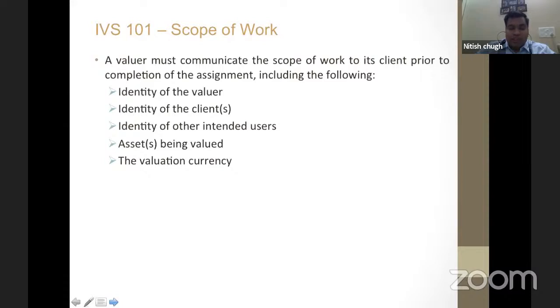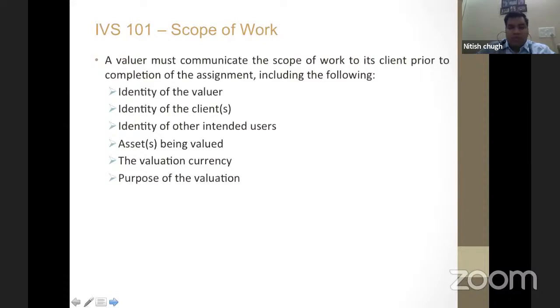Suppose you have a subsidiary in the US, so cash flows have to be in dollars, euros or pounds. It cannot be in INR. There is a possibility. We have a separate lecture on that as well. But as of now, what you have to mention in the scope of work is the valuation currency in which you are doing the valuation.